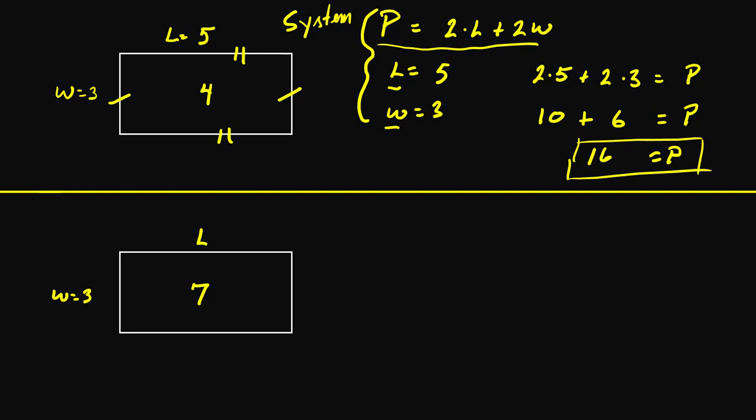By the time you got to the 7th grade, you still had the same formulas. P equals 2 times the length, add 2 times the width. But in this case, instead of calculating the perimeter, they gave you the perimeter.